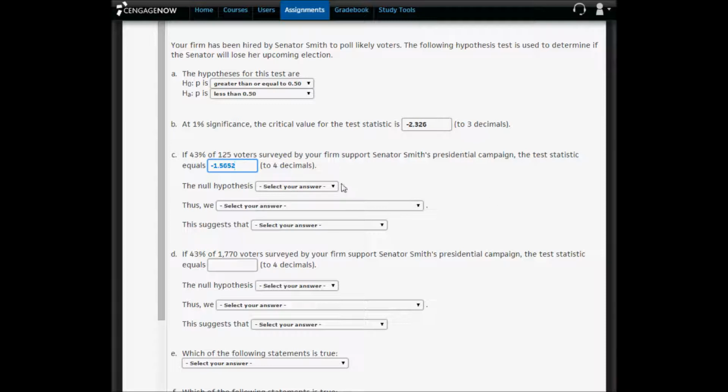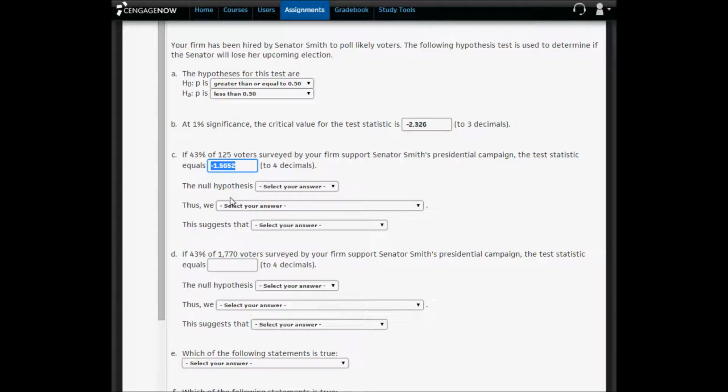To conclude in part C, we have to compare the test statistic to the critical value. If the test statistic is less than the critical value, then we have evidence in support of the alternative. Otherwise, we have evidence in support of the null.